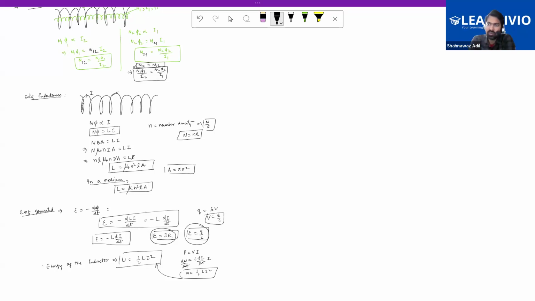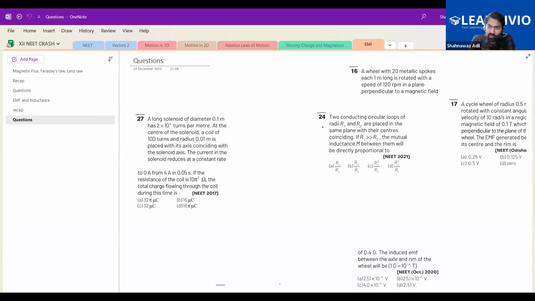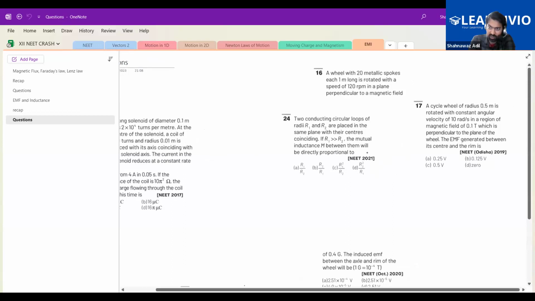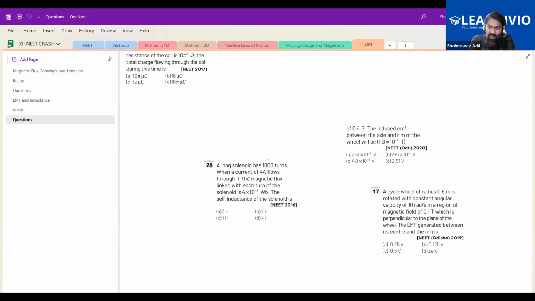Can we do some questions, right? Otherwise, we won't be able to. All these questions are on self-inductance, right? So you will have some direct questions. A long solenoid has this many turns.